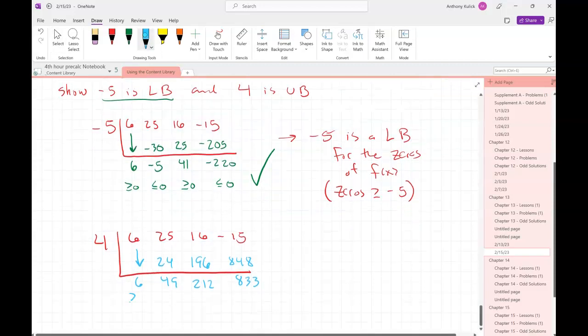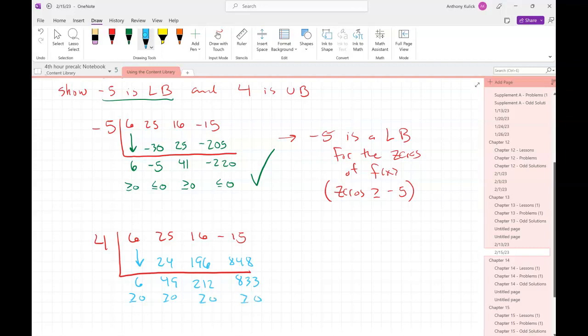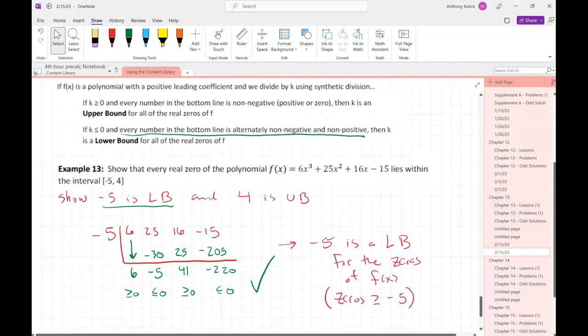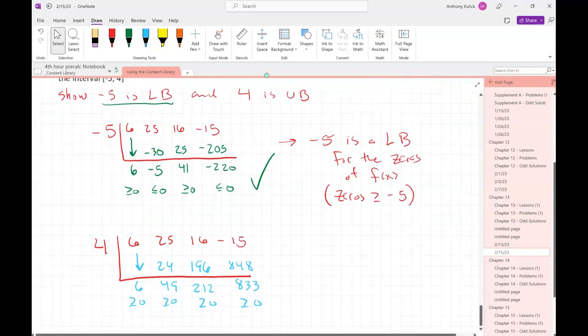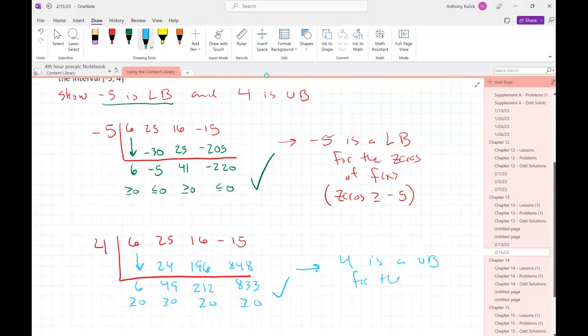Here I notice that every number below my synthetic division is greater than or equal to 0. That's what we're supposed to have. So we know that 4 is an upper bound for the zeros of f of x, that is, the zeros have to be less than or equal to 4.